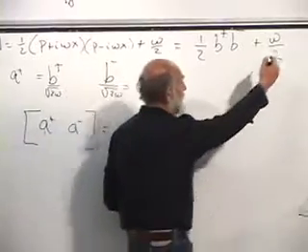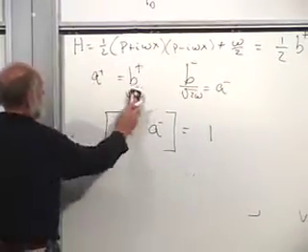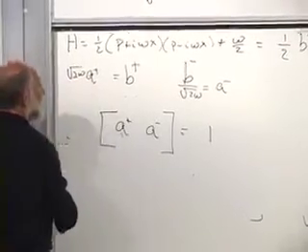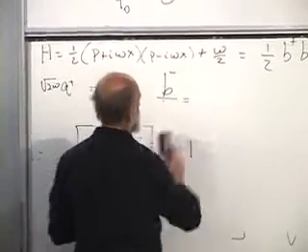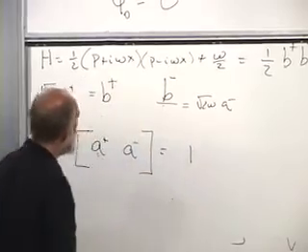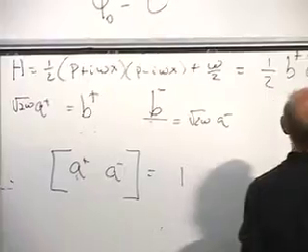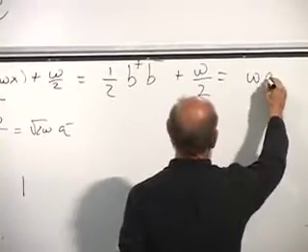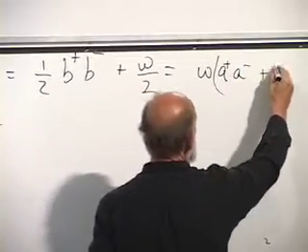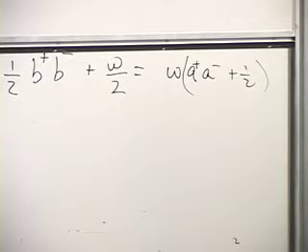Just substitute, solving for the b's, square root of 2 omega times a minus. Substituting for the b's in terms of the a's, I think we get omega a plus a minus plus omega over 2. There it is.